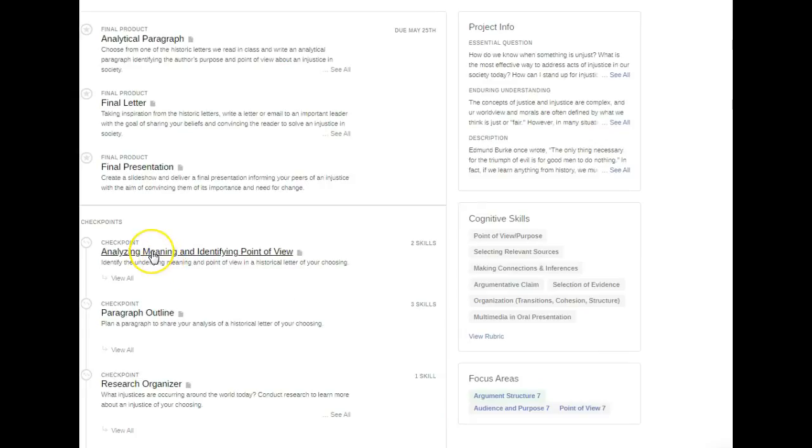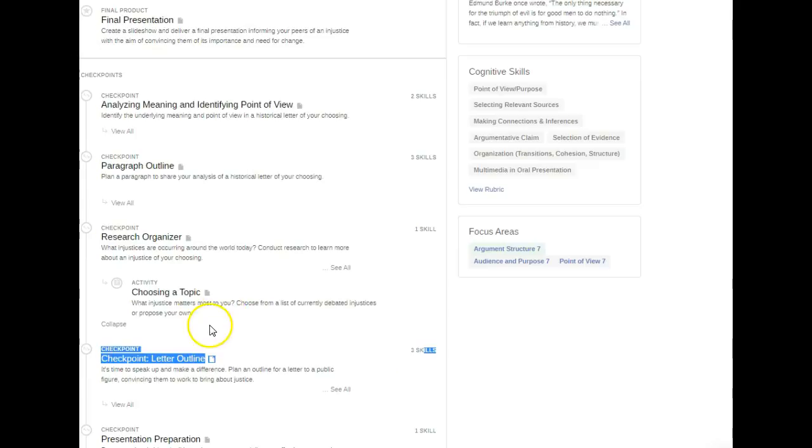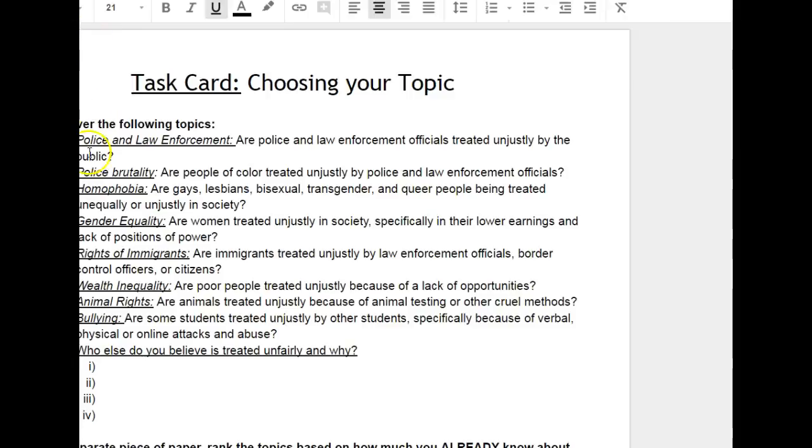We talked about this last week, identifying point of view. When you open this one up, you're going to see some letters, and you're going to choose one of those letters. We talked about this one also, the outline for your paragraph. We previewed the organizer, and this probably is the most important: choosing your topic, what you are going to talk about.